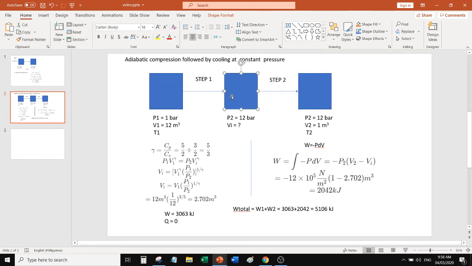So this one is the intermediate step. If delta U is 0, then Q is just negative W, which is negative 5106 kilojoules for the total. So that's the answer.